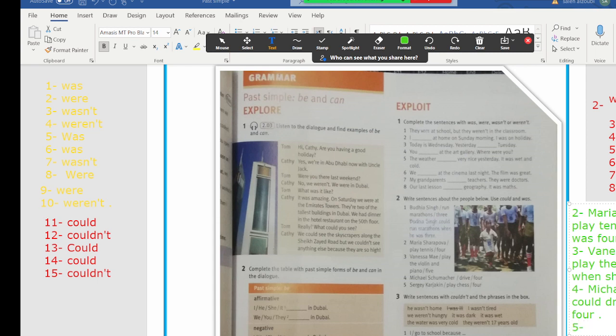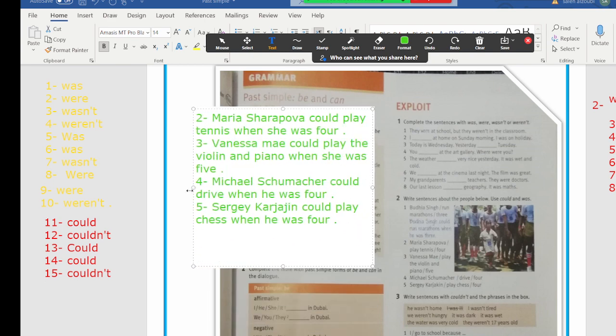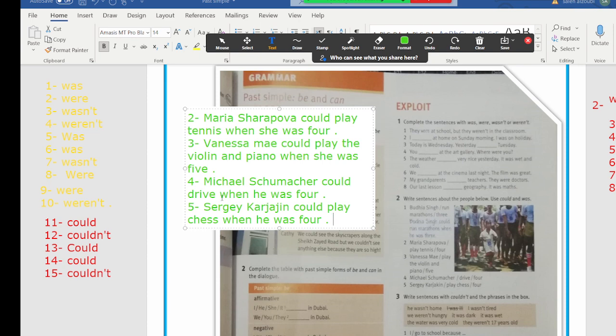Sergey Karjakin could play chess when he was 4. Done.